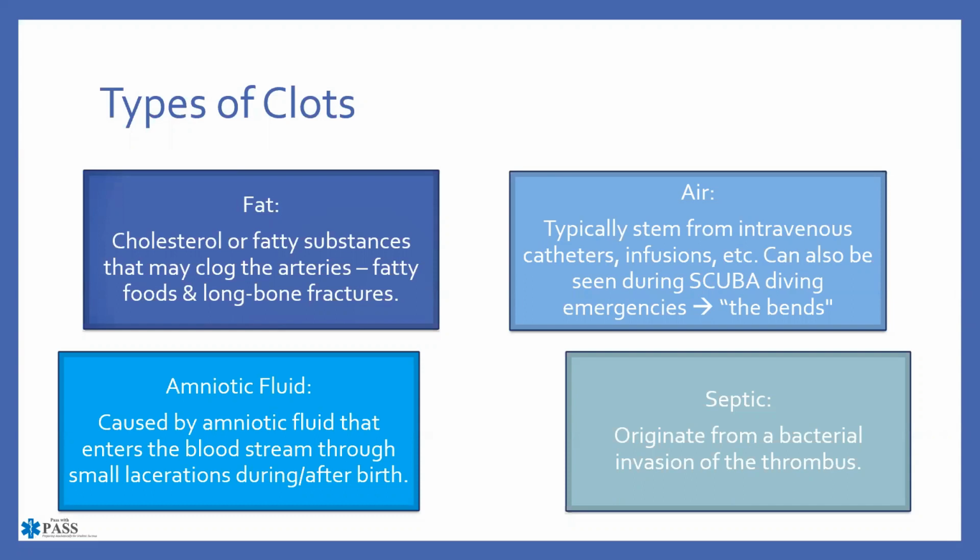If you're not familiar with how to do that, there are a couple of different ways, but have somebody in your agency show you how to switch out a bag without getting air into that line. If all else fails, you can respike the bag, hook a syringe up to one of your ports, open your roller clamp, and as the air makes its way down to the port with your syringe attached, simply withdraw the air so that it doesn't make its way into the patient.